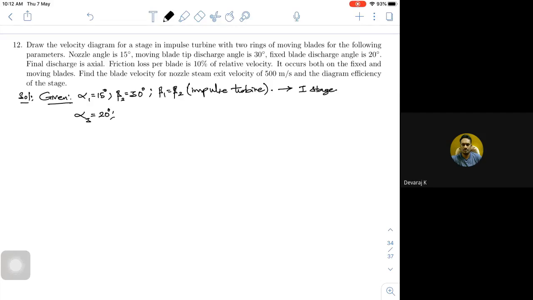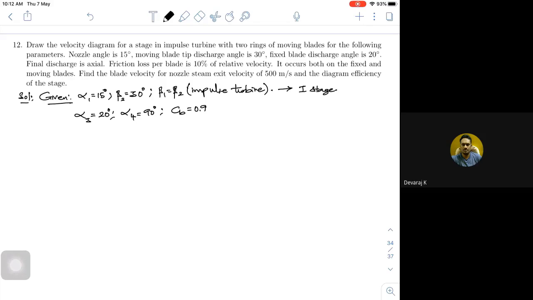Fine. Then it is exiting axially at the exit. When it goes out, it is exiting at 90 degrees, that is your alpha 4 is 90 degrees. That's the meaning of it. Then your friction coefficient KB or CB: 10% loss means it is 90%, that is 0.9.